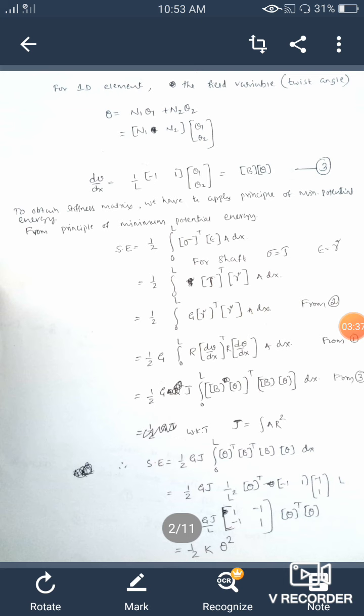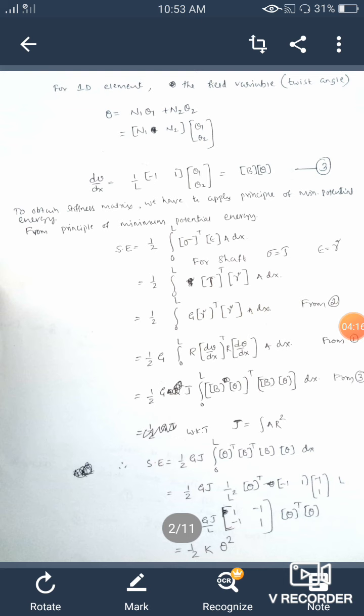To obtain the stiffness matrix, we apply the principle of minimum potential energy. Strain energy is equal to 1 by 2 integral from 0 to L of sigma transpose epsilon A dx. For a shaft, sigma is tau, the shear stress, and epsilon is gamma, the shear strain.